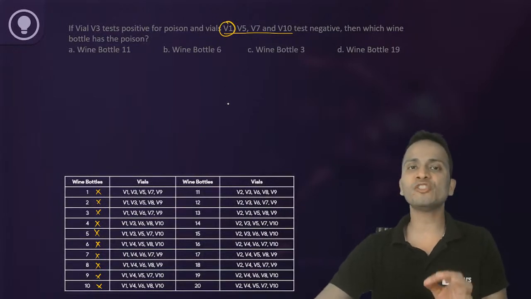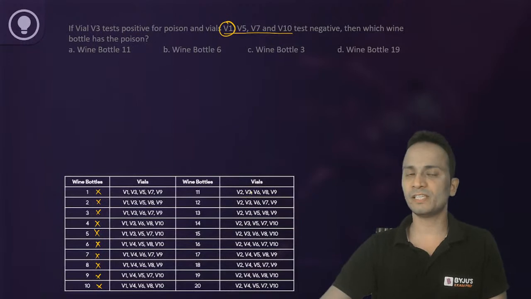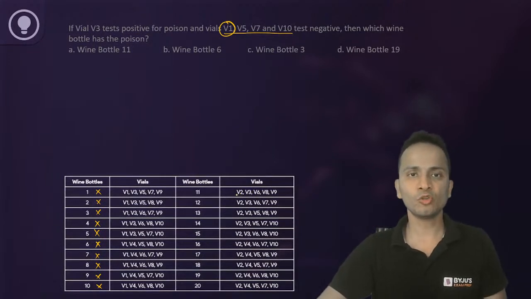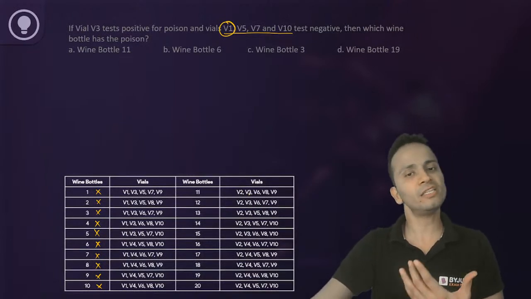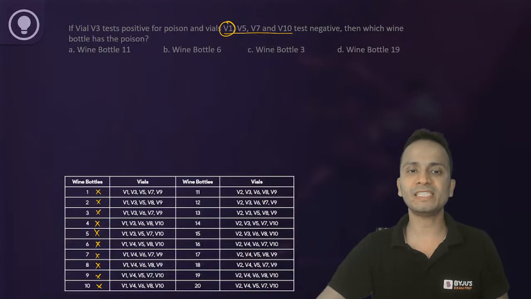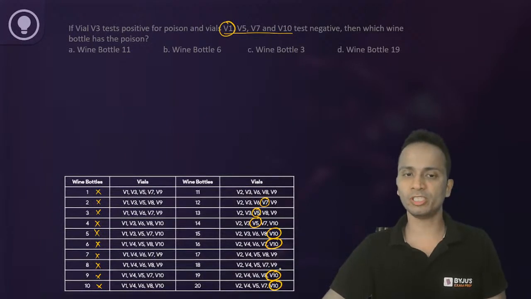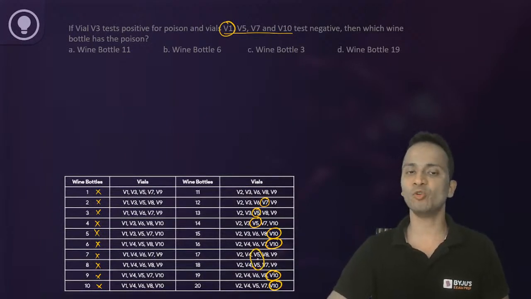Now V5 is also tested negative. So wherever V5 is there, that bottle will not have the poison. We do the same thing for V5, V7, and V10: no poison, no poison, no poison.